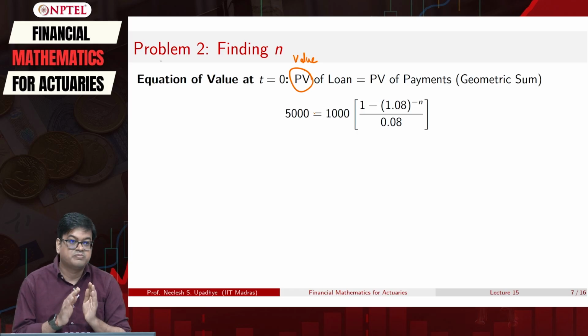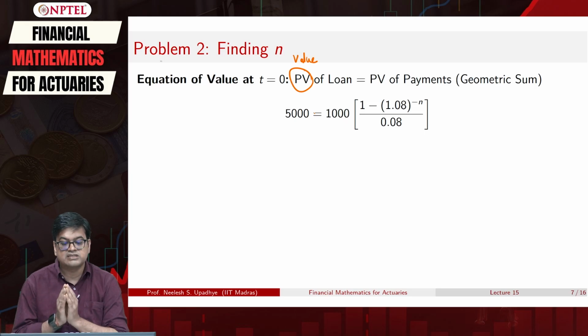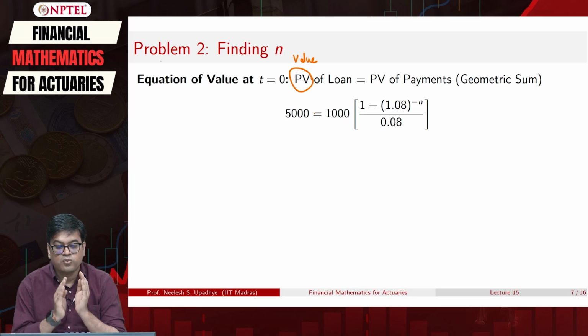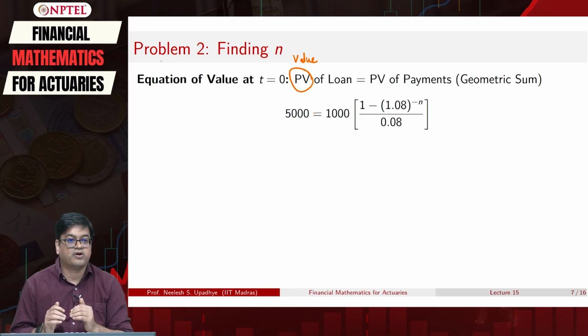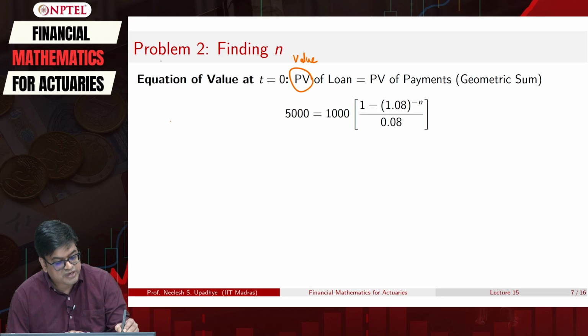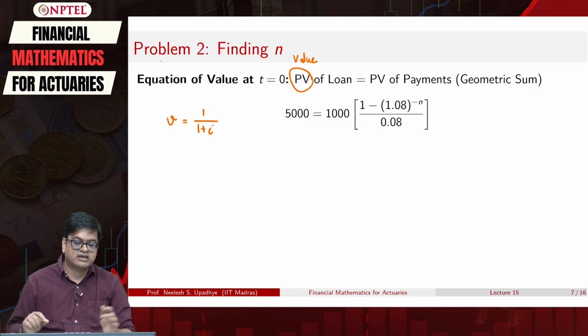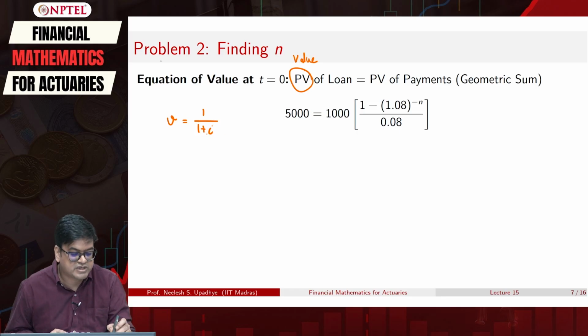So, that is present value of geometric sums, and we considered that to be equal to (1 minus v raised to n) upon i, where v is equal to 1 upon 1 plus i. So, by connecting all these things, I know 1 plus i because there is a 8% return.